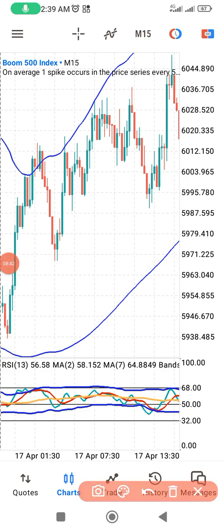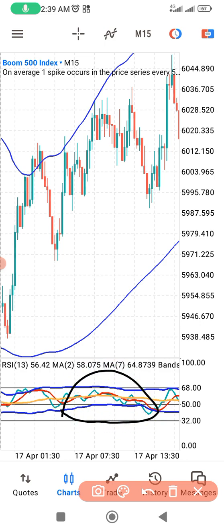And another rule you must know is let there be a separation between the price line and the signal line. Do not make an entry when the price line and the signal line are entangled together.